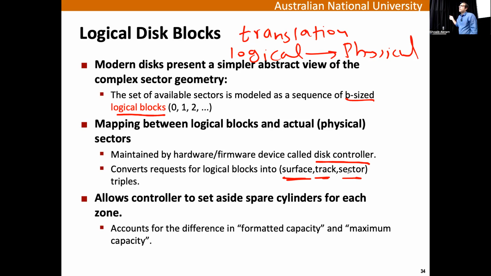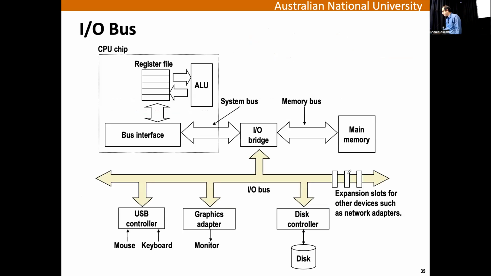The word logical we'll use a lot in this course. Logical control flows were being mapped to physical control flows when we were creating the process abstraction. And now we are mapping logical blocks to physical sectors. This is something the disk controller does.